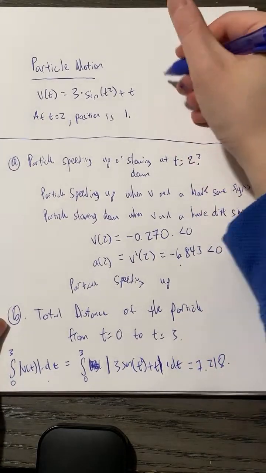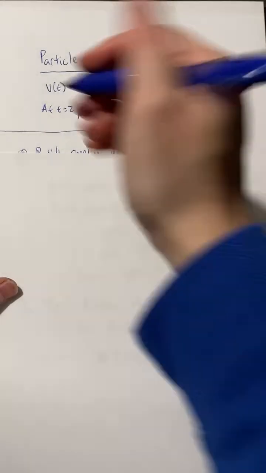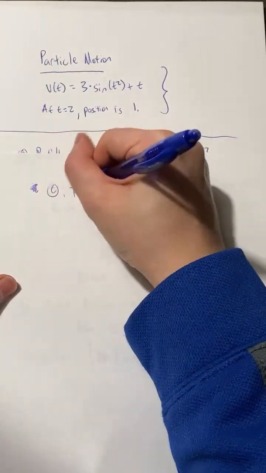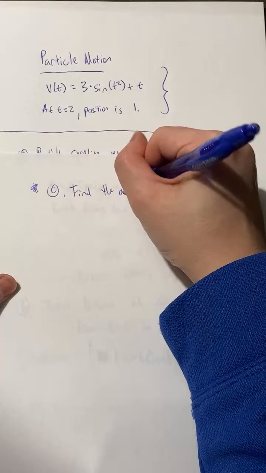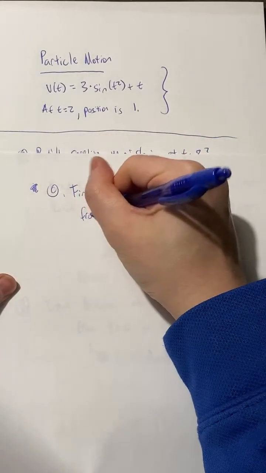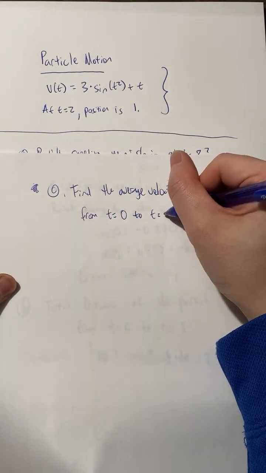So we're still going to use these two givens. But let's do average velocity. So C, this is C. Find the average velocity from t is equal to 0 to t is equal to 3.